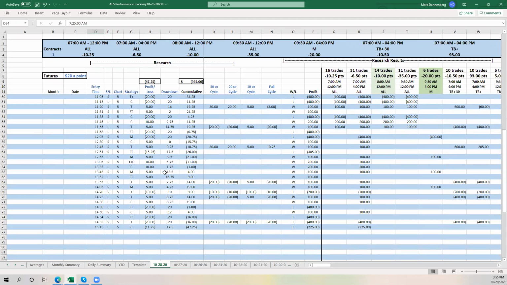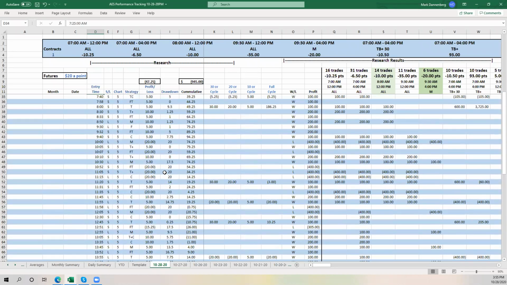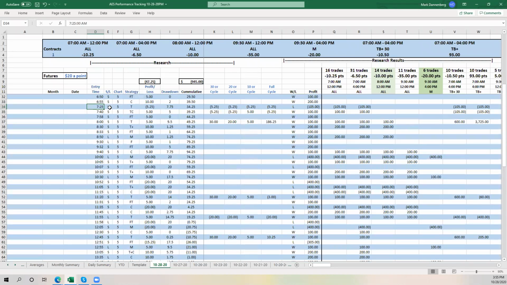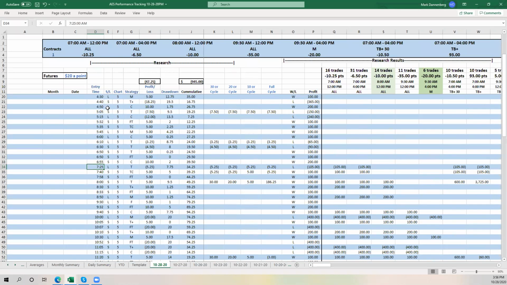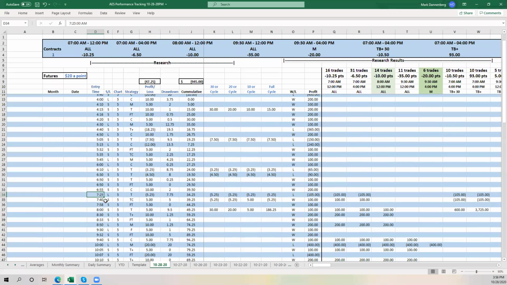Now, there's absolutely nothing wrong at all with bailing out and deciding that you want to do something different with the rest of your day if you've already hit your goal. If I back up to today and I look at the first trade after 7 o'clock, now we track generally from 3 a.m., but we don't talk a lot about the 3 a.m. to 7.